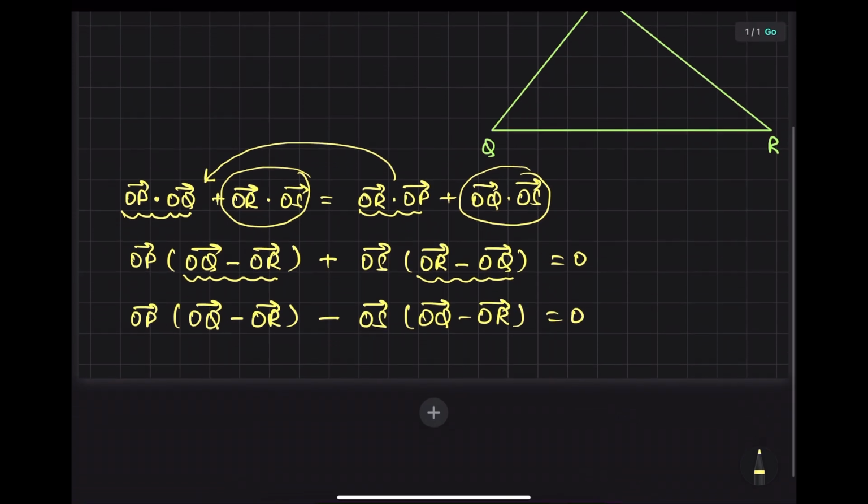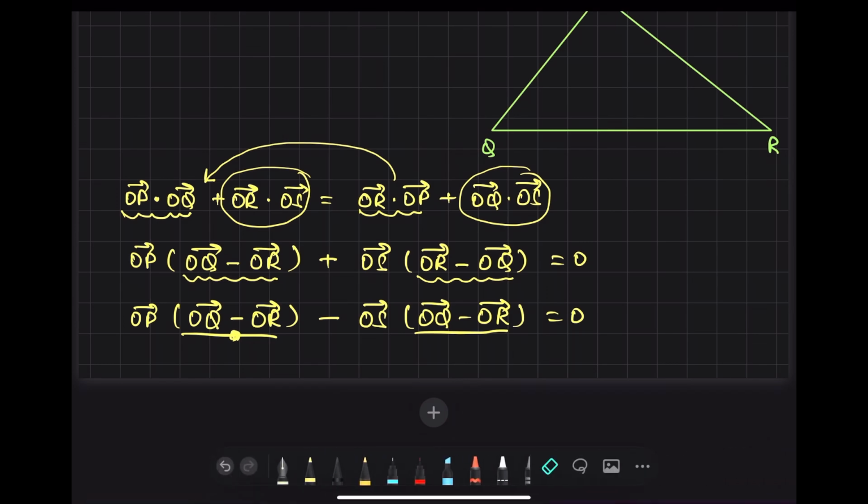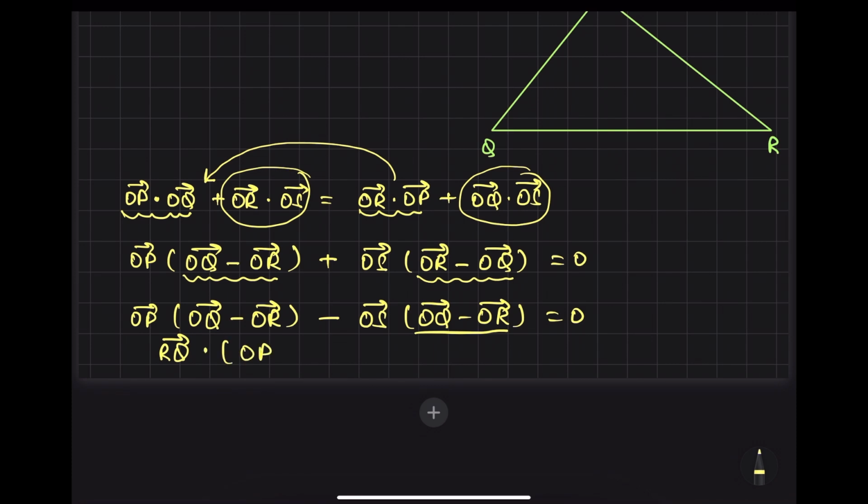Now what I will do, I will take OQ minus OR vector common. So OQ minus OR means what? Final minus initial. So final minus initial means it is RQ vector. RQ vector dot OP minus OS vector.